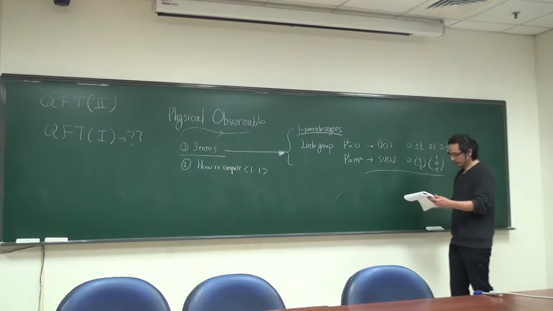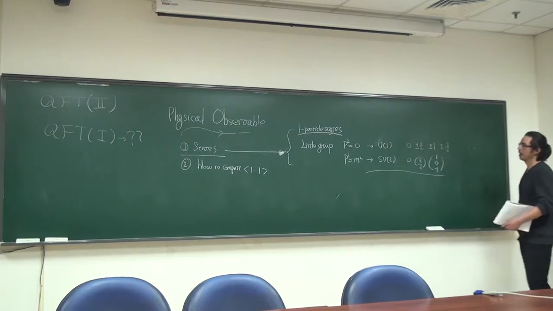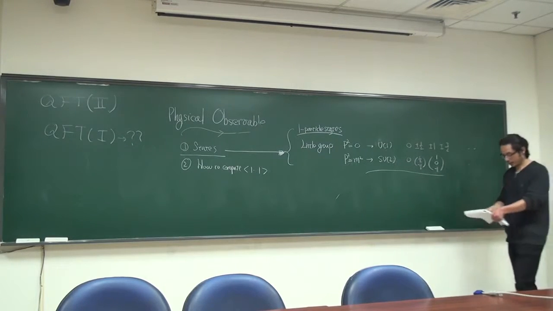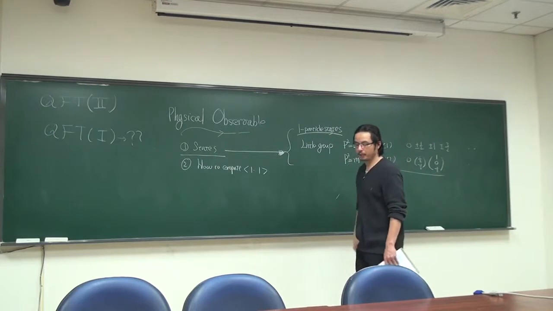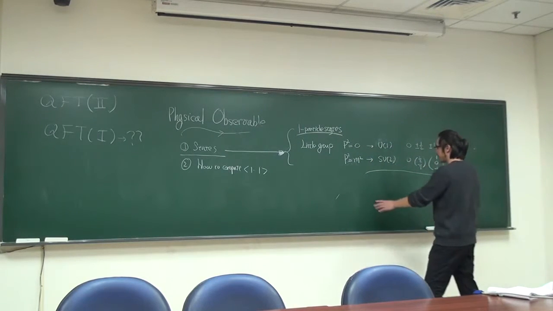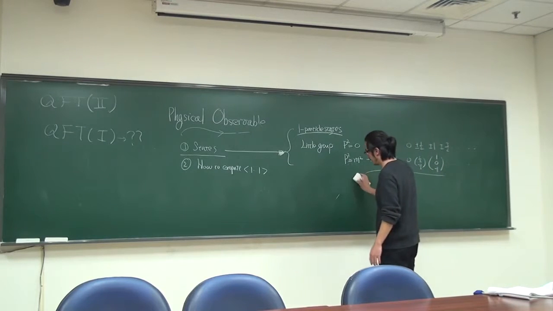Now, after labeling one particle states, we learned about fields last semester, right? Fields are supposed to represent these one particle states. How do we do that? Before going into the explicit construction, let's reconstruct this a little bit.